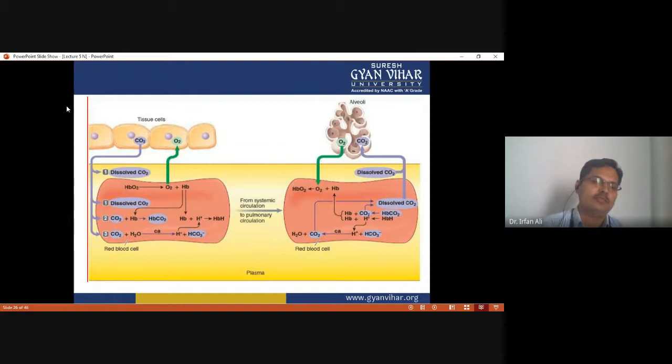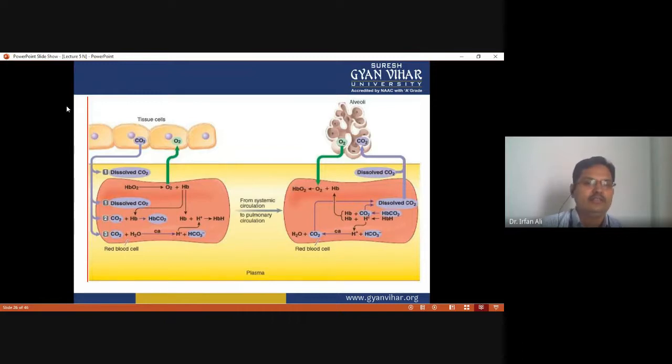Some of the carbon dioxide in the RBC, by the action of carbonic anhydrase, is converted to carbonic acid, which dissociates into hydrogen ion and bicarbonate ion, and this hydrogen ion helps hemoglobin to become reduced.